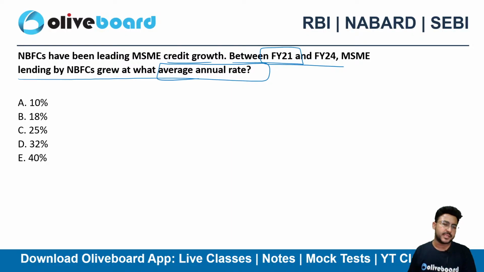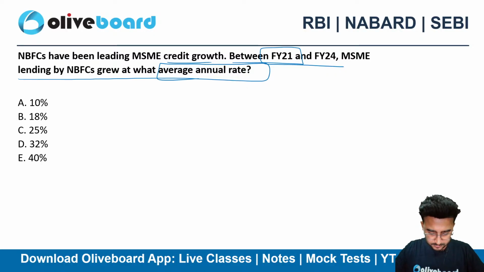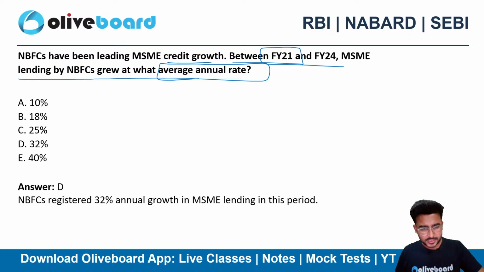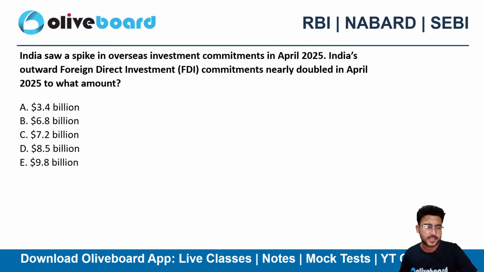So NBFCs are leading the pack when it comes to lending to MSME. The correct choice here is option D, 32%. Okay, 32% annual growth is there.